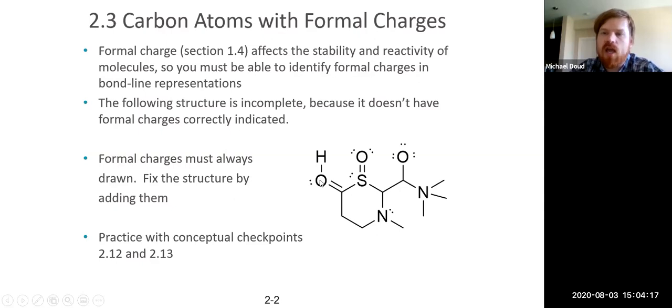We know oxygen should have 6, so if it's missing an electron, that means it's got a positive formal charge. Go ahead and go through this molecule and see if you can identify the other formal charges here. On the next couple of slides, we're going to talk a little more about this and give you rules that you can always use to help out.